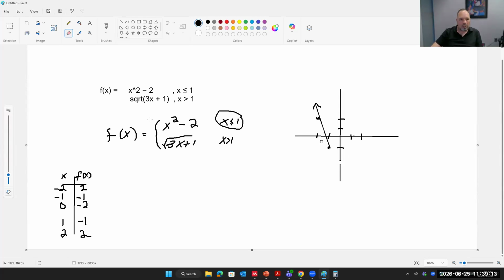Okay, the other piece is the square root of 3x plus 1. Probably worth making another table for that one.